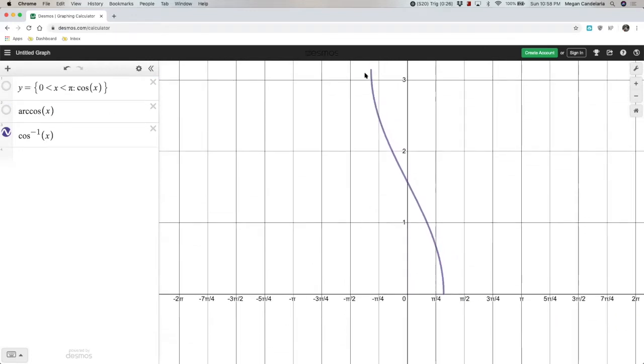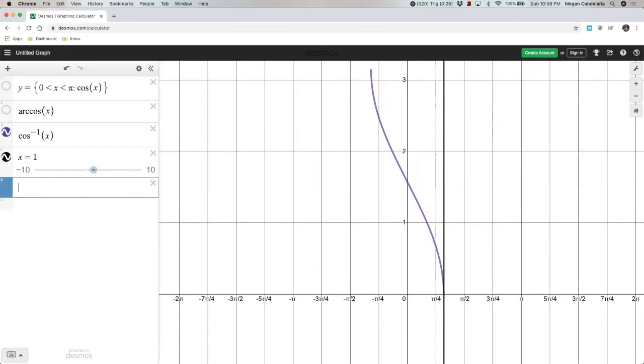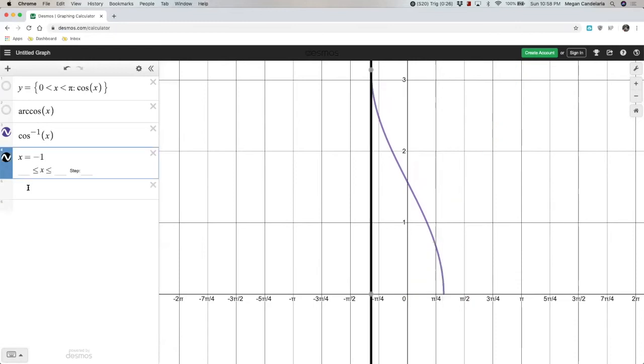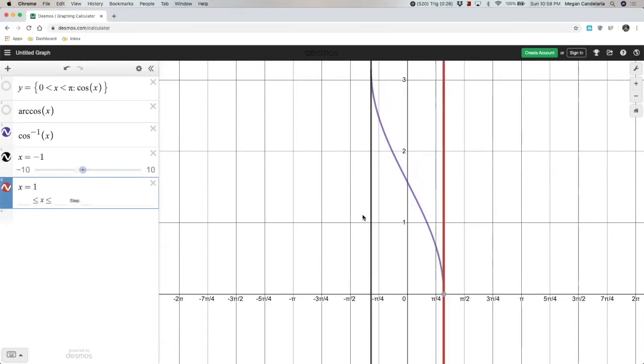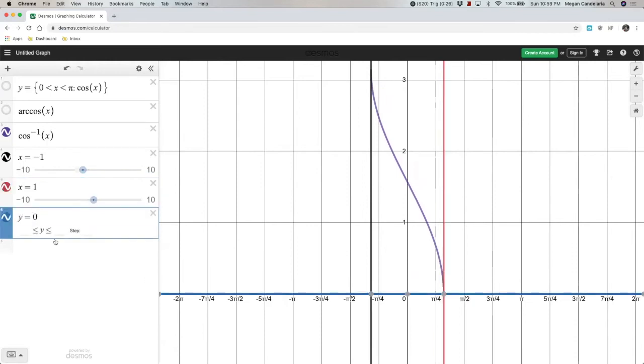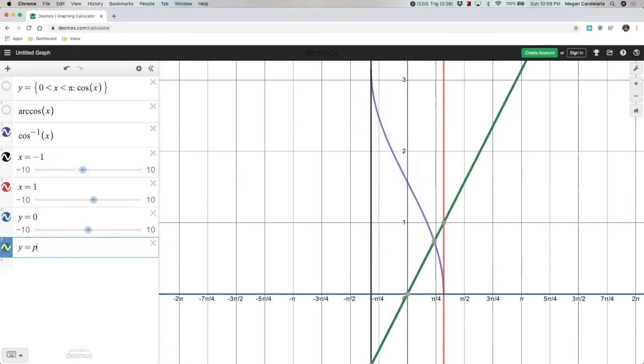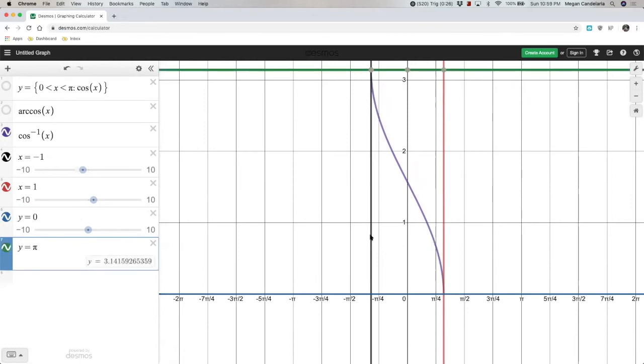Okay? So domain goes from -1 to 1. There's our domain, and our range is going to go from 0 to pi. Okay, so now we kind of have an idea of what our inverse cosine function looks like.